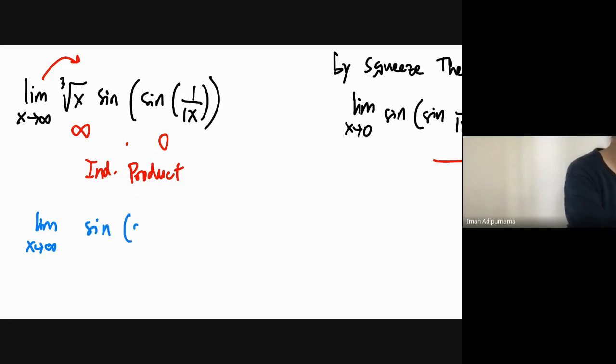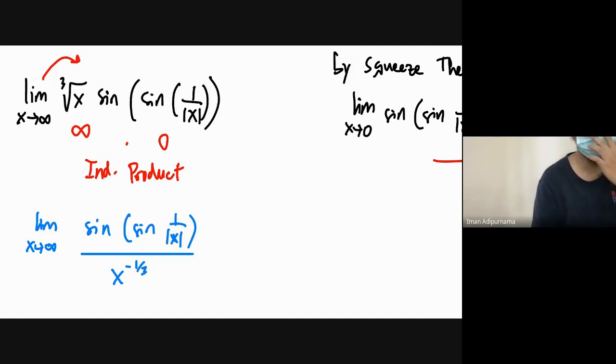So sine, and then this will be 1 over x. I will write x to the negative power. So you can do L'Hopital's rule, and you can check the answer at the end.